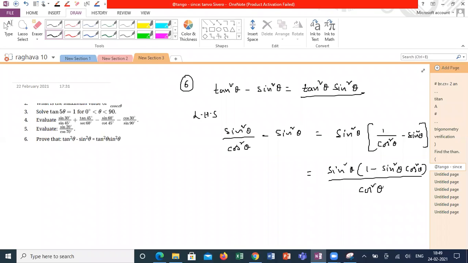Guys, anyone? Sir, we can use the identity, sir. No, identities are also your wish. If you want to use the identities, you can use them. What identity are you going to use to solve this one?